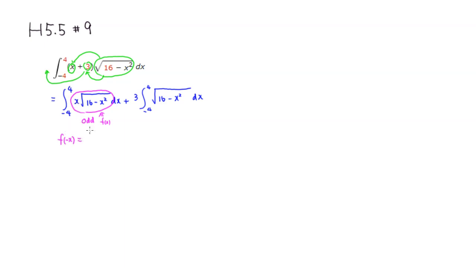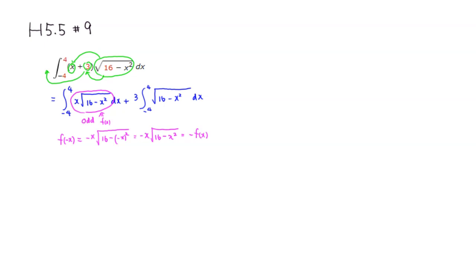Replace x by negative x, and you get negative x times the square root of 16 minus negative x squared, which is negative x times the square root of 16 minus, it gets squared so the negative sign is gone, just x squared. That is exactly the same thing as negative f of x, so that makes it an odd function.